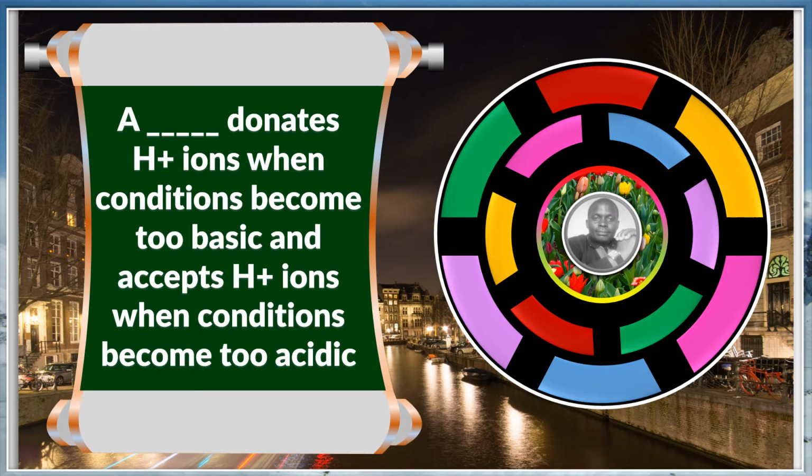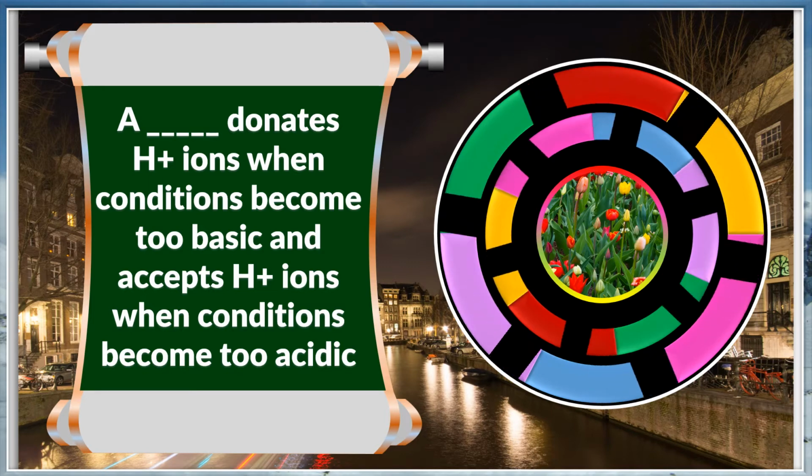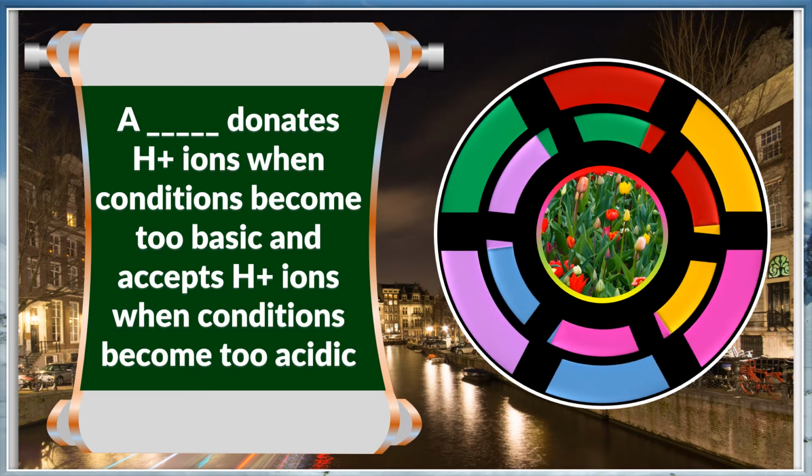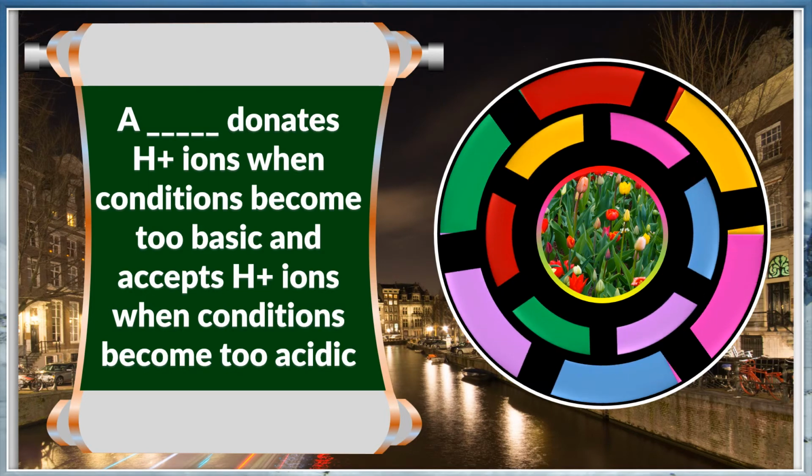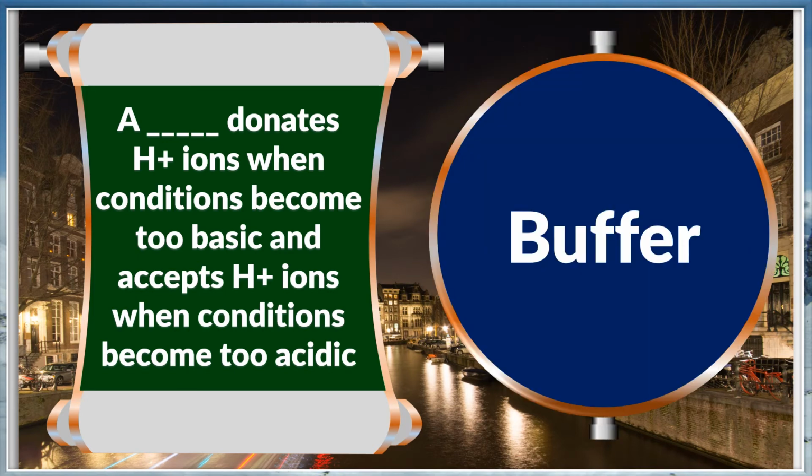A dash donates hydrogen ions when conditions become too basic, and accepts hydrogen ions when conditions become too acidic. Buffer.